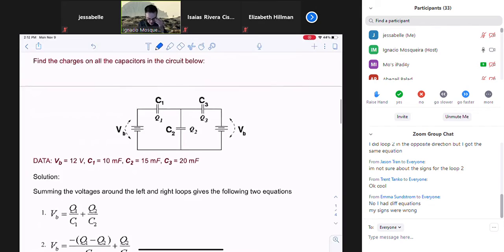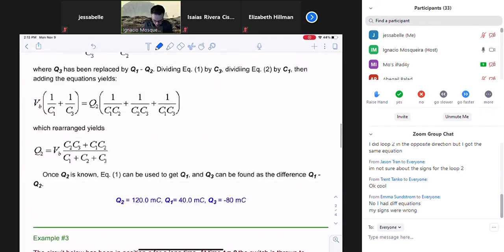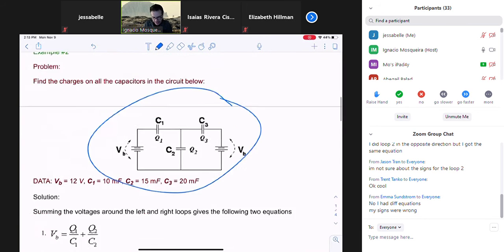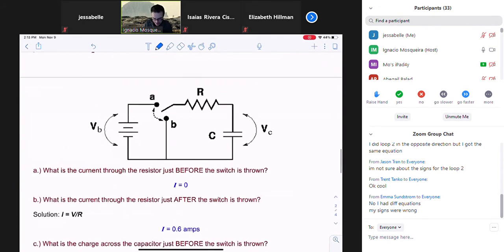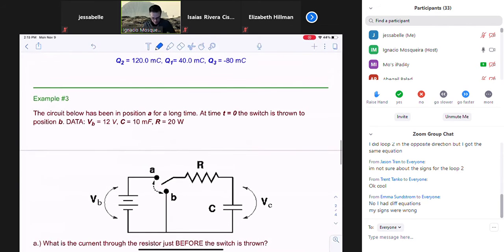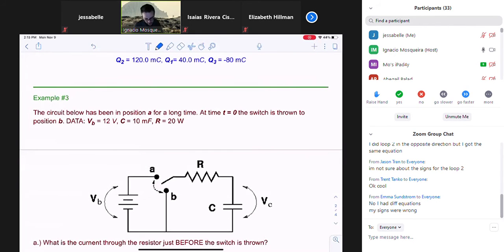Okay, here I wanted to show you, actually this is a capacitor problem. There is no capacitor problem on this exam. This was included in the last exam, so this is not part of it. But we did have RC circuits. I'm going to do a multiple choice question on RC circuits. That was kind of a section in the PowerPoint.